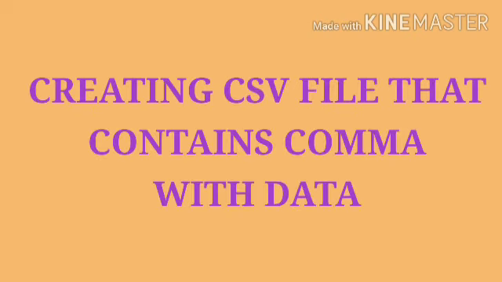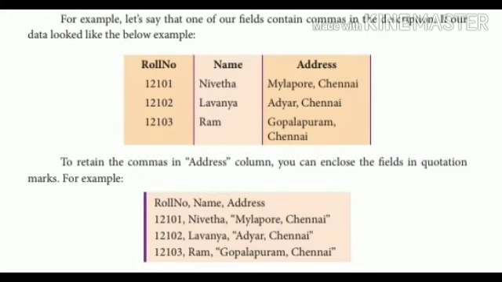The next concept is creating a CSV file that contains commas within data. It looks like this. This is the given data. In a CSV file, the fields of data are separated by commas, but in this given data, the address field contains two pieces of data, that is Chennai and Mylapore.